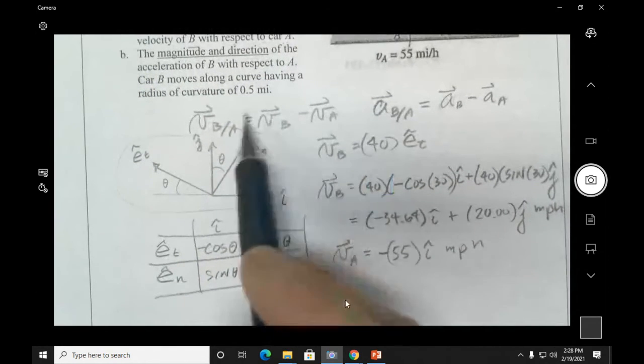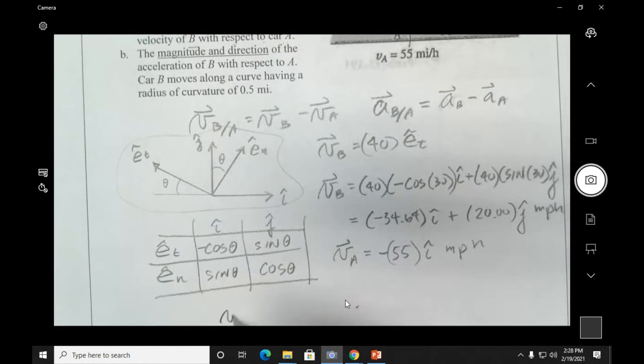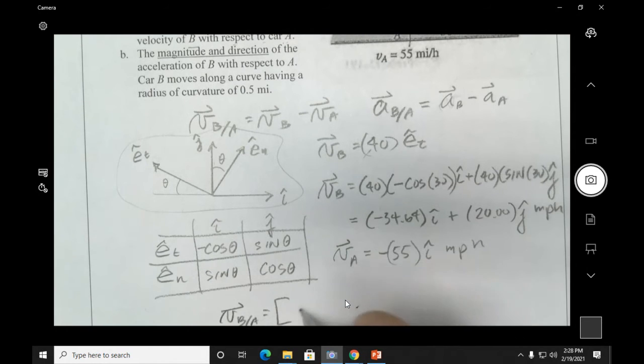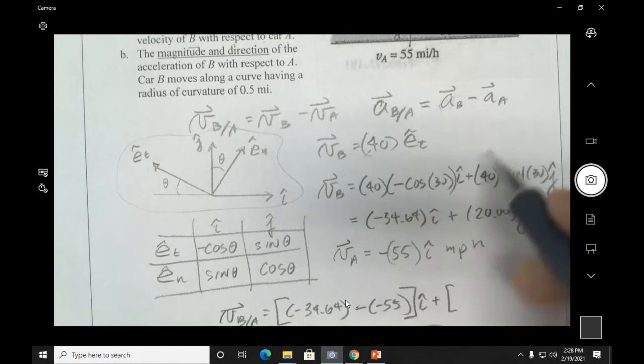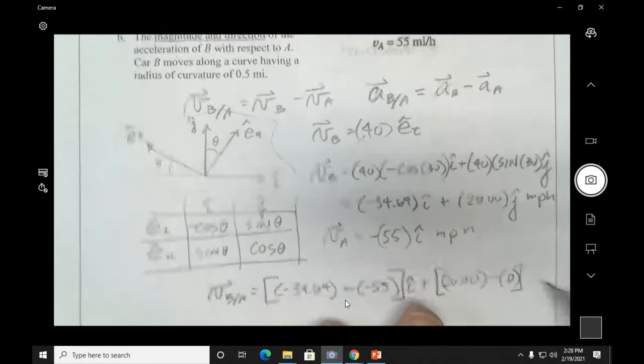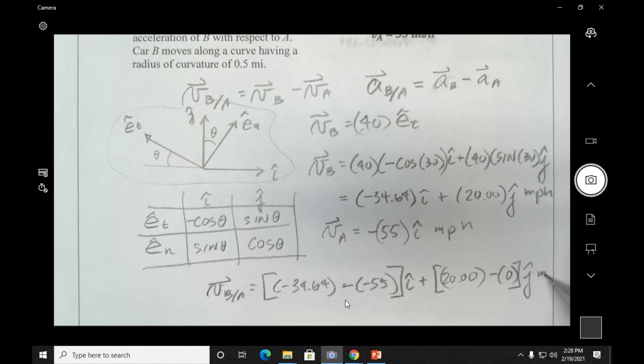Coming back to our equation up here, the velocity of B with respect to A is going to be the velocity of B, negative 34.64, minus the velocity of A in the I direction, plus the velocity of B, which is 20, minus 0, so nothing in the J on that one.